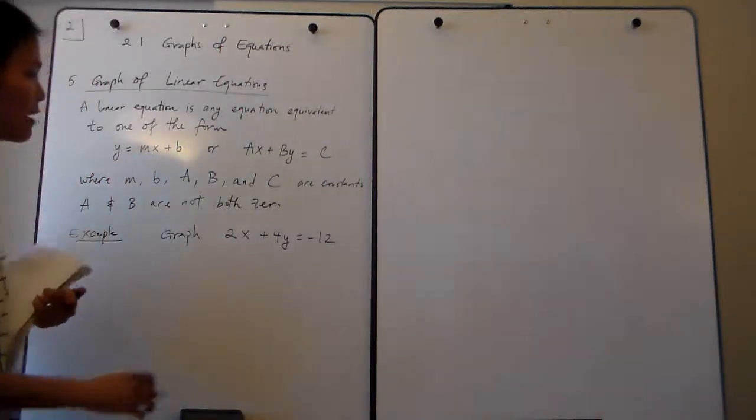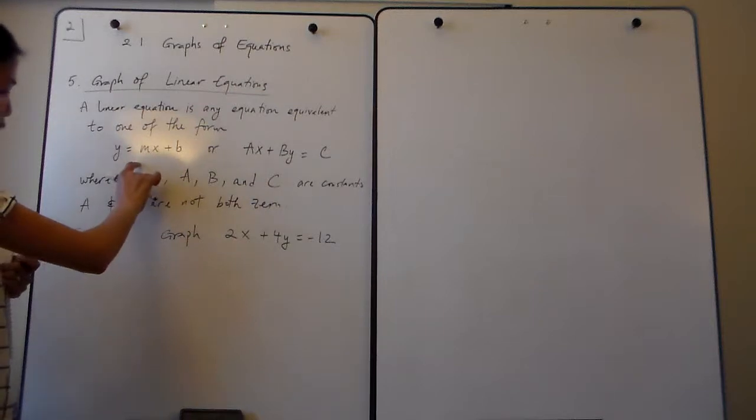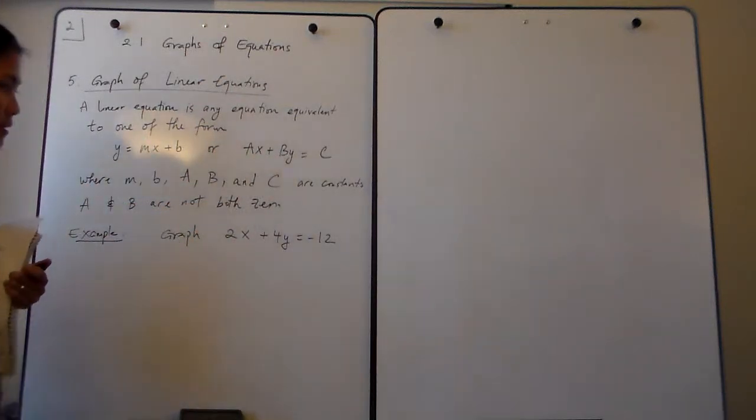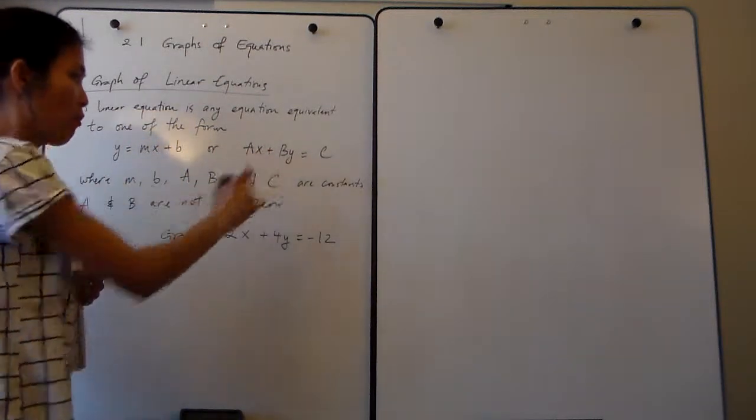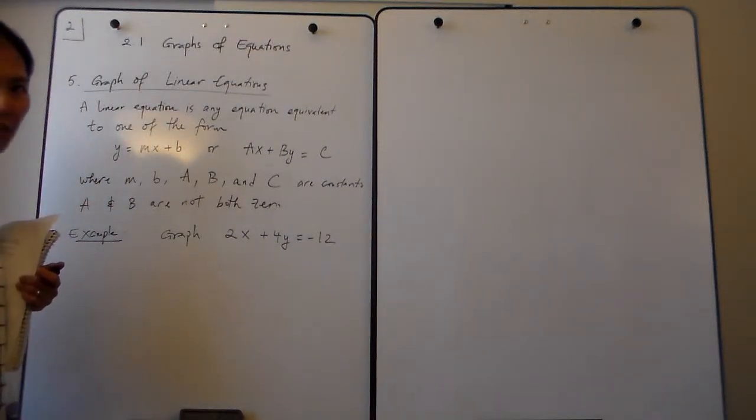Okay? Again, this is a linear equation, right? Either this form or this form. This time we're going to work on the second form. And to graph it, you can follow the same procedure.